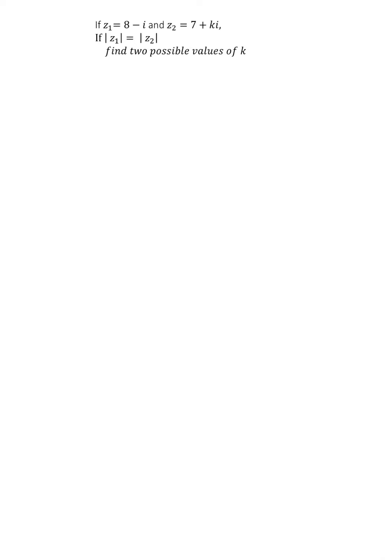Let's have a look at another tricky one like this. So here I have z1 is equal to 8 minus i, and z2 is equal to 7 plus ki. Then we're told the modulus of z1 is equal to the modulus of z2. Okay, so the modulus formula is just going to be a squared plus b squared.